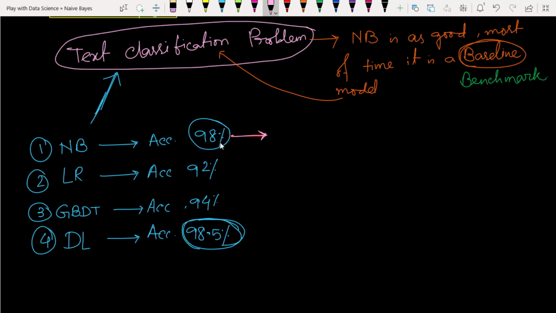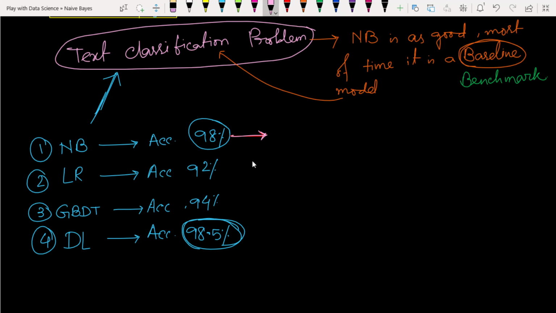But in naive Bayes we have not invested anything. Just using a simple counting technique, we can get 98% accuracy. For only about 0.5% improvement, we have to invest such huge resources.